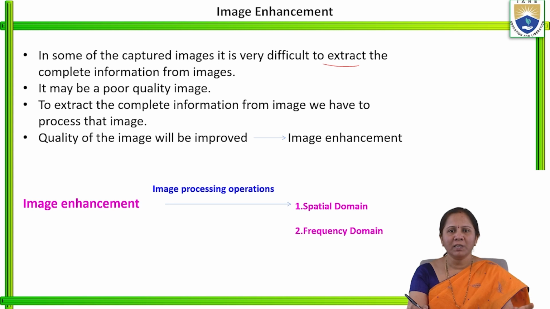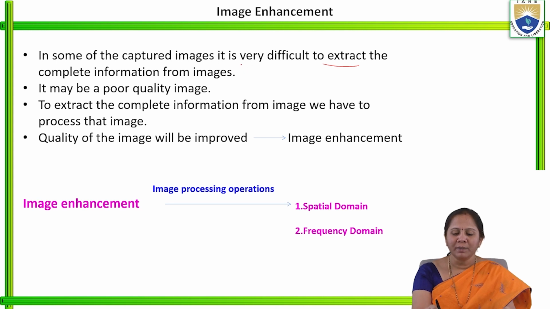The image may consist of some noise, or the lens we have used during capturing may not be placed properly. Due to all these reasons, the captured image may be poor. So here, our intention in image enhancement is to improve the quality of that particular image. Improving the quality of that poor image is called image enhancement.